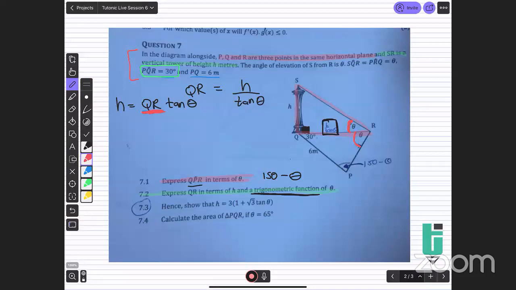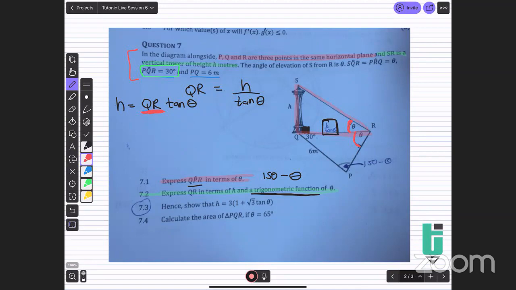We use 30 degrees and the 6 meters and QR. Then we use the cos rule. You want to use cos rule. So why will cos rule help you in this situation?